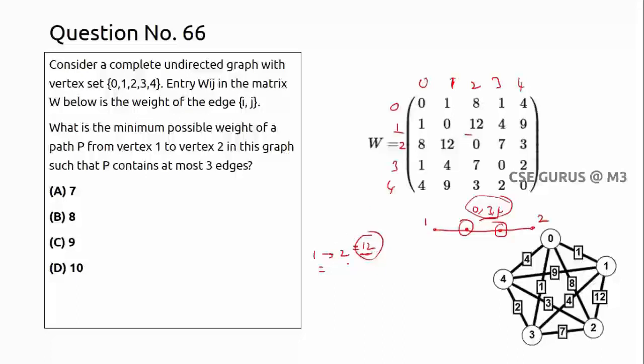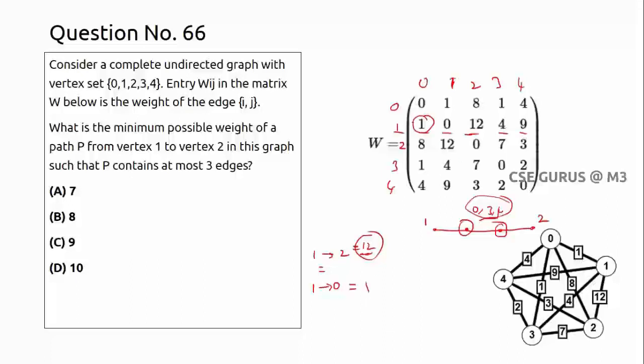We'll see. In the path from 1 to 2, instead of going directly, I can go for 1 to 0 first. 1 to 0 is 1. Why am I taking 1 to 0 first? Among all the paths from 1, I find the minimum as 1. So that's why I am taking 1 to 0, which equals 1.